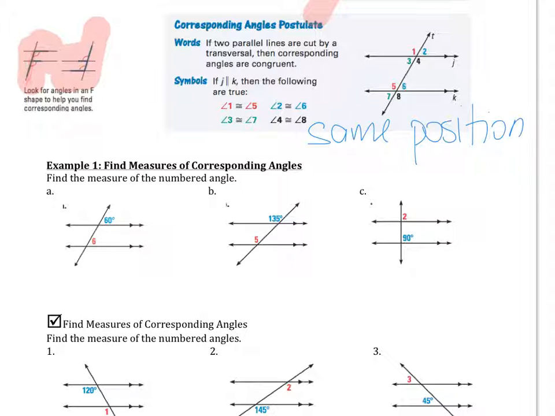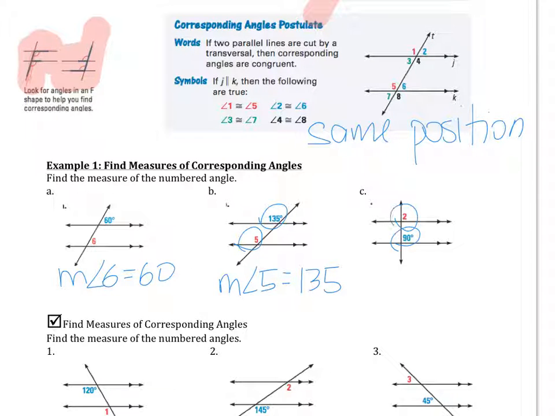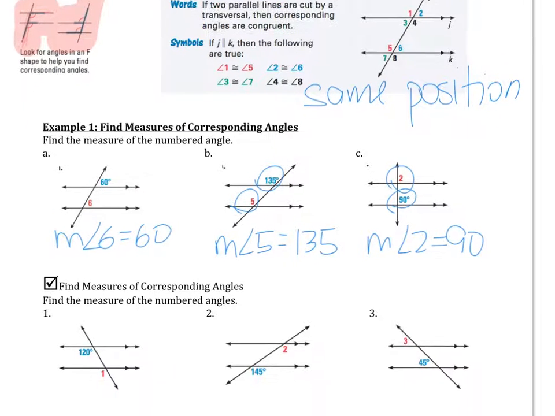So looking at the first example, measure of angle 6 equals 60 degrees. Corresponding angles in the same position. Measure of angle 5 would equal 135. Same position. And the same thing goes with measure of angle 2. In the same position, they are congruent.